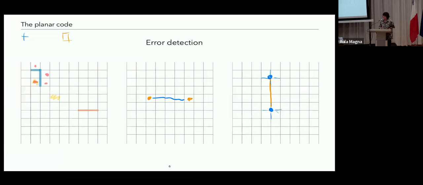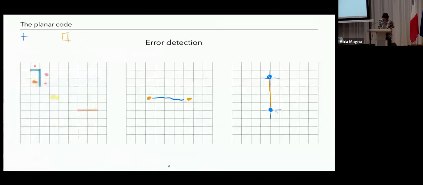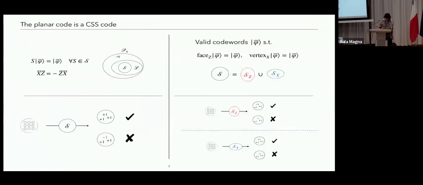Great. And the fact that I can do this in 2 different rounds is because the planar code is a CSS code. So a CSS code is just a stabilizer code for which the stabilizer group can be written as a product of X only Pauli operators and Z only Pauli operators.